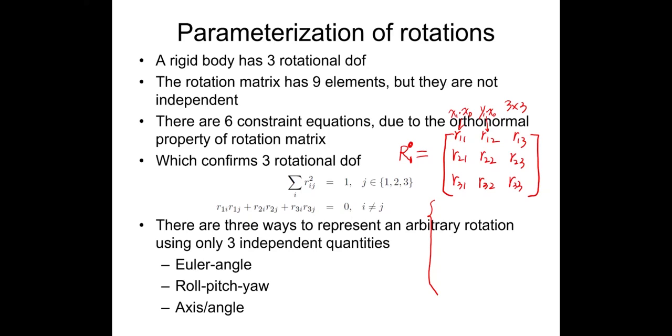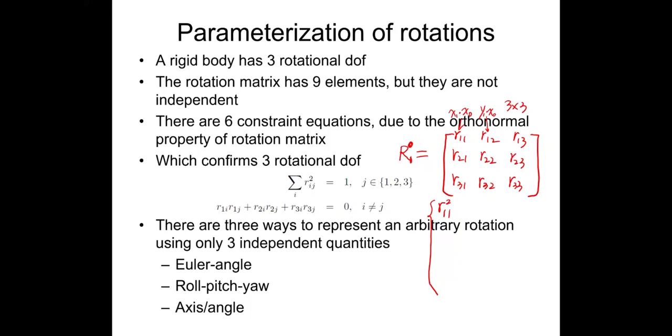And the first relationship we know is that for each row, because that is x1, y1, and z1 projected to x0, that is one unit vector.